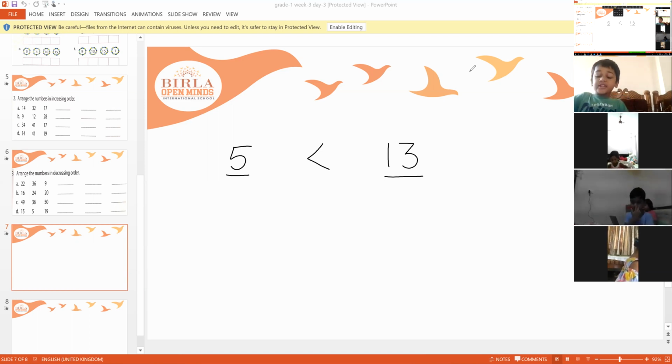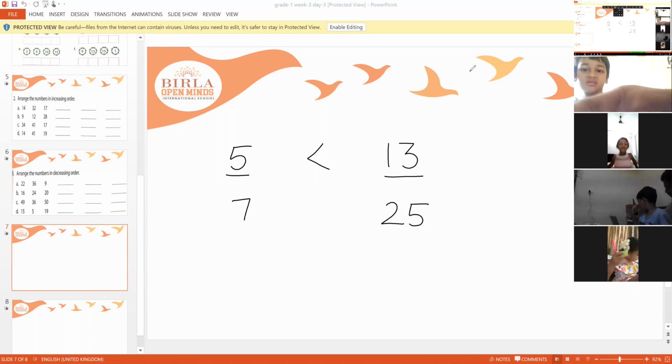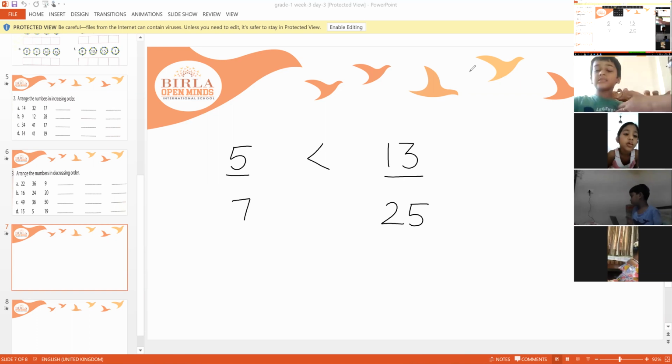Like this, we have many more examples. Suppose the number is 7 and the next number is 25. Now we want to find out which number is smaller and which number is greater. In number 7 we have only one digit, and in number 25 we have two digits, 2 and 5.